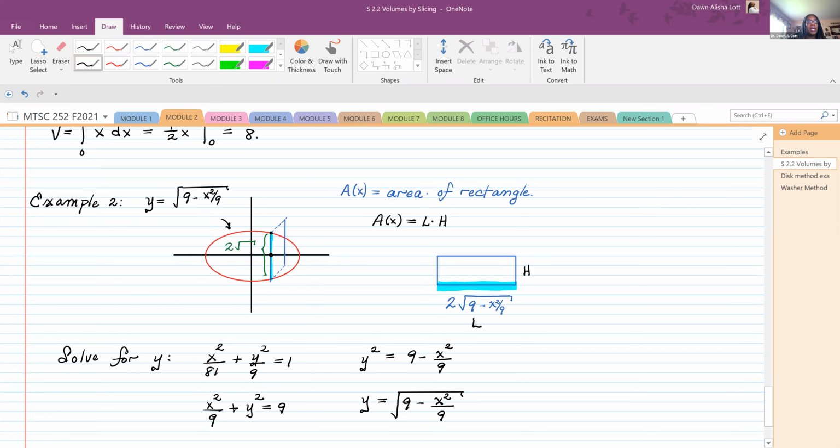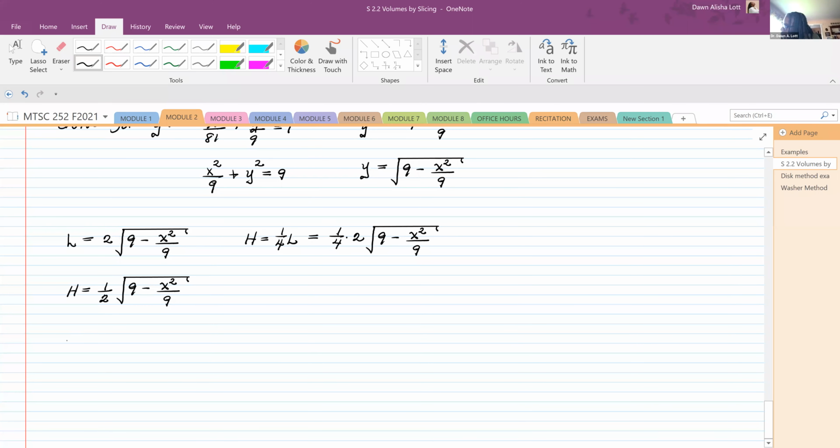Okay, so therefore, what's the area? It's going to be 2 times the square root of 9 minus x squared over 9, multiplied by 1/2 times the square root of 9 minus x squared over 9. So the 1/2 and the 2 divide out, and I get a square root times a square root, which just gives me 9 minus x squared over 9.